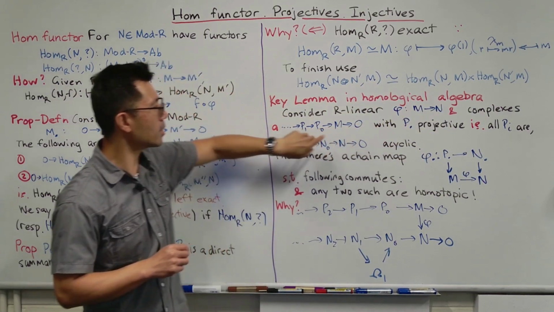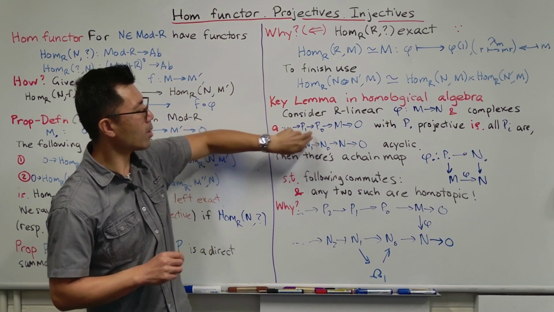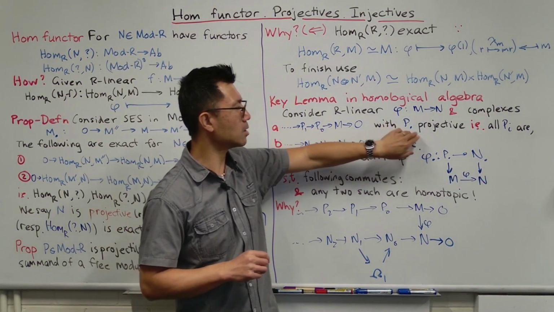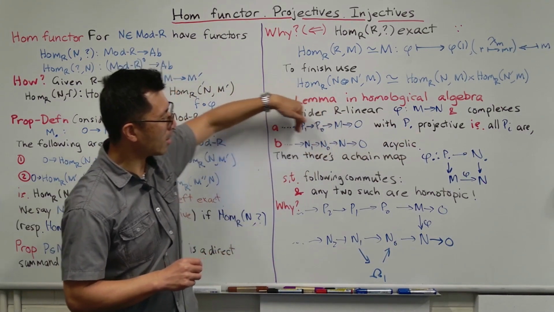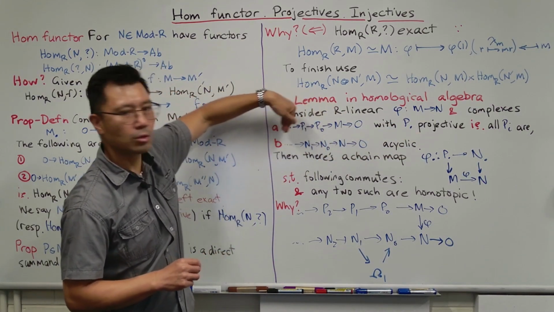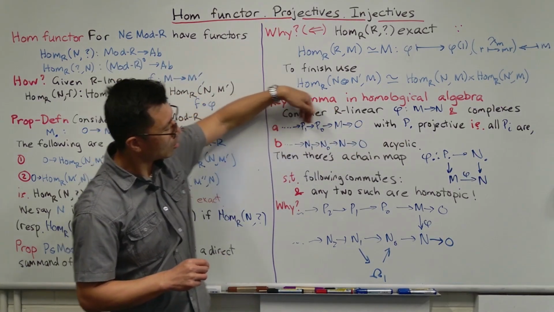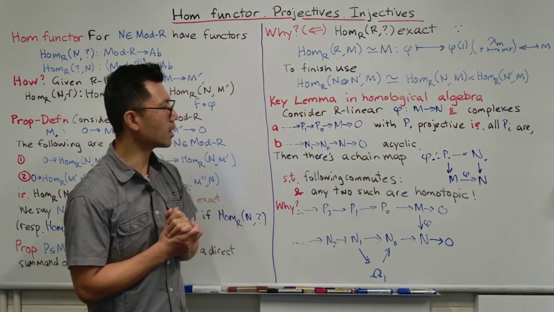The first one is going to be this one here. So you have this complex which goes to P1, P0, M goes to 0. And you're just going to insist that the P dot, so remember, you can look at the left part of this and call this complex P dot. More technically, it's going to be a complex where you just replace the M with 0 and you just continue with zeros all along.